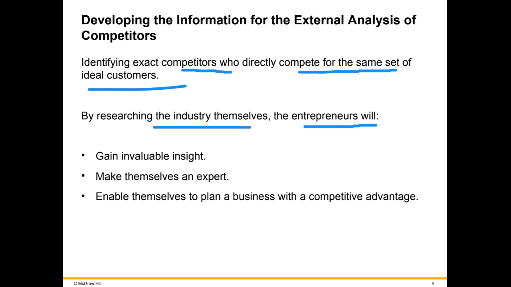So you need to understand what kind of competitors are available. You can go through the yellow pages early on. Now you can even check through Google. You can check how many businesses are registered on Google. That can give you some idea, and then you can also make yourself an expert.